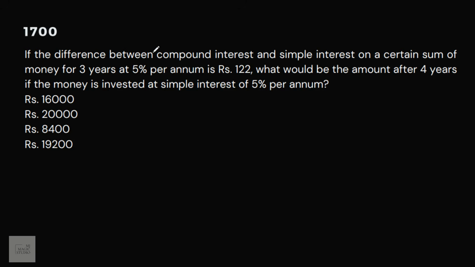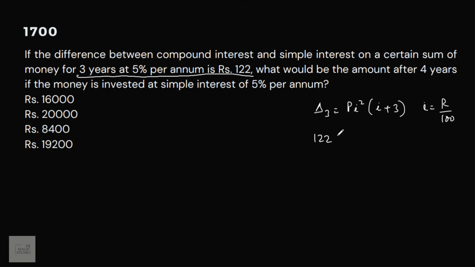If the difference between compound interest and simple interest on a certain sum of money for 3 years at 5% per annum is 122. We know that delta 3 is given by P i square into i plus 3, where i is equal to R by 100. Delta means difference between SI and CI.